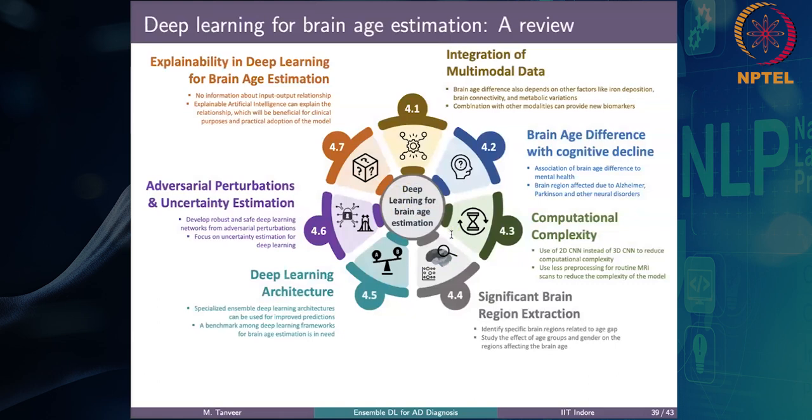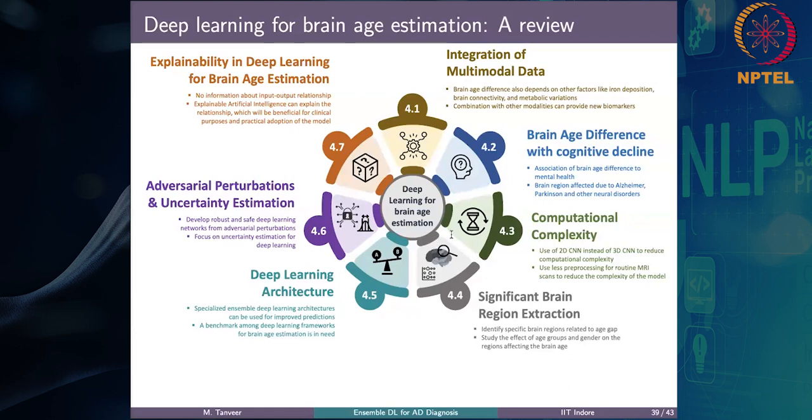And this is another specific piece of information I showed in the last lecture: this is our recent work, where we have written a comprehensive review on deep learning for brain age estimation.